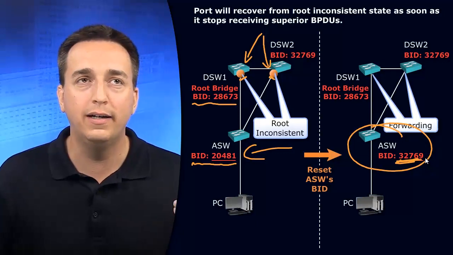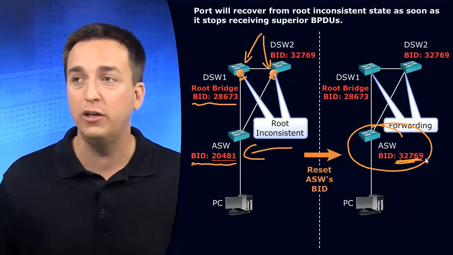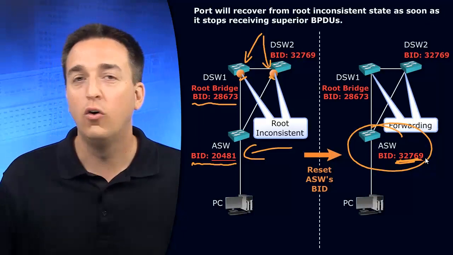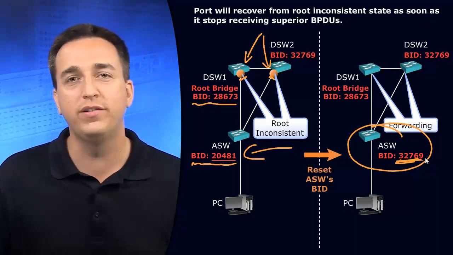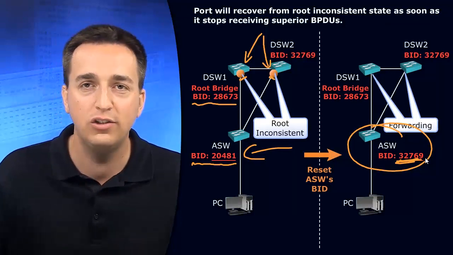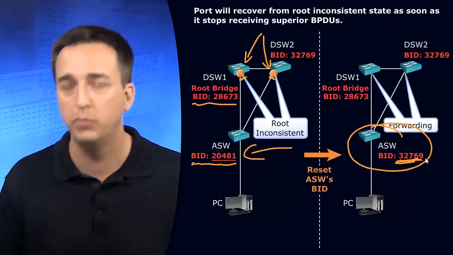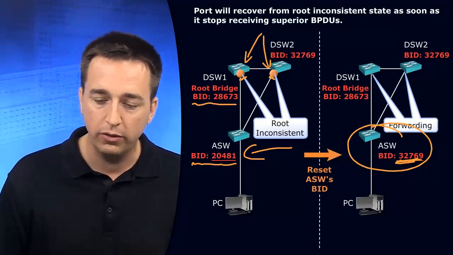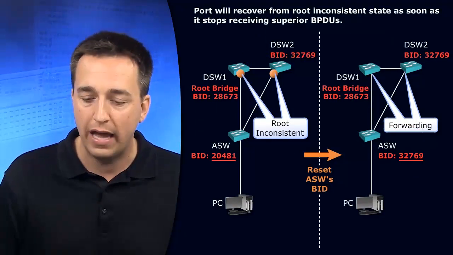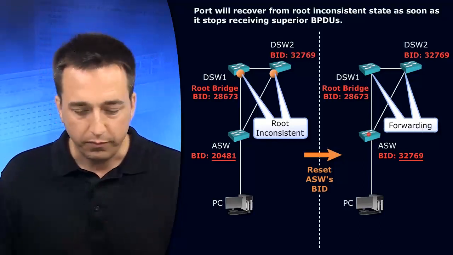Maybe it's a switch that's been added to the topology by accident by somebody who's studying for their certification exams, or maybe because they are trying to implement something in the real world, or they're practicing, so they connected a switch to our topology and it had a better bridge ID, and it's causing this problem. So we find that device, remove it from the topology, and once we do so, recovery is automatic. We don't have to do anything after that. Just remove the offending device and root guard will unblock.